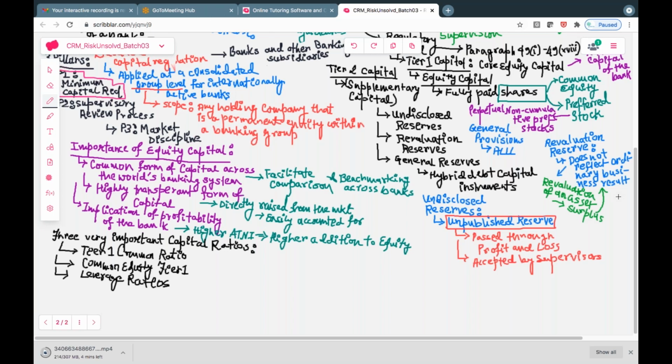Therefore there are three very important capital ratios which are computed, right? And each of these capital ratios forms a very critical part initially in assessing the capital adequacy, and later on while stress testing, right? So over here, the first point that I have is the tier one common ratio.